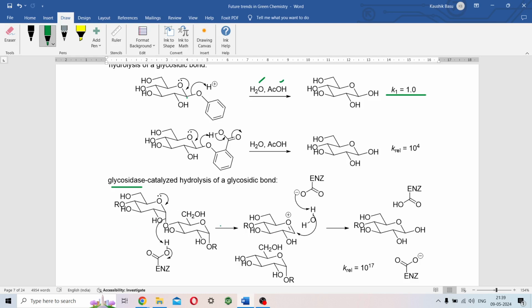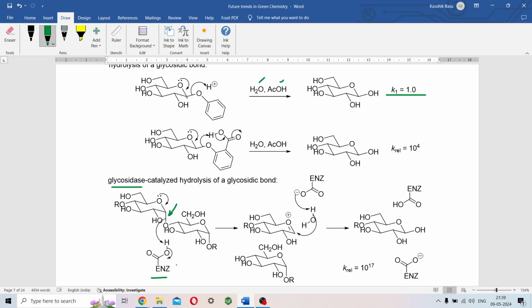So here you have a glycosidic linkage between two monosaccharides. It's a disaccharide, and this is the glycosidic linkage. Now it is being cleaved by an enzyme, and because enzymes are proteins, they have different amino acid residues in their active sites.